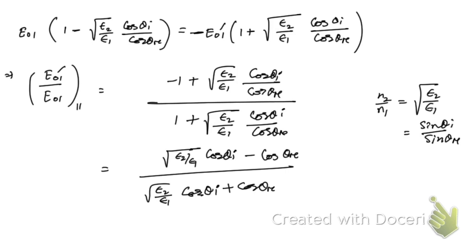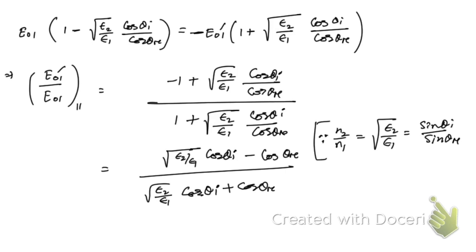Using these relations, we can replace this by sine theta I by sine theta r, and similarly we can replace this by sine theta I by sine theta r, right?